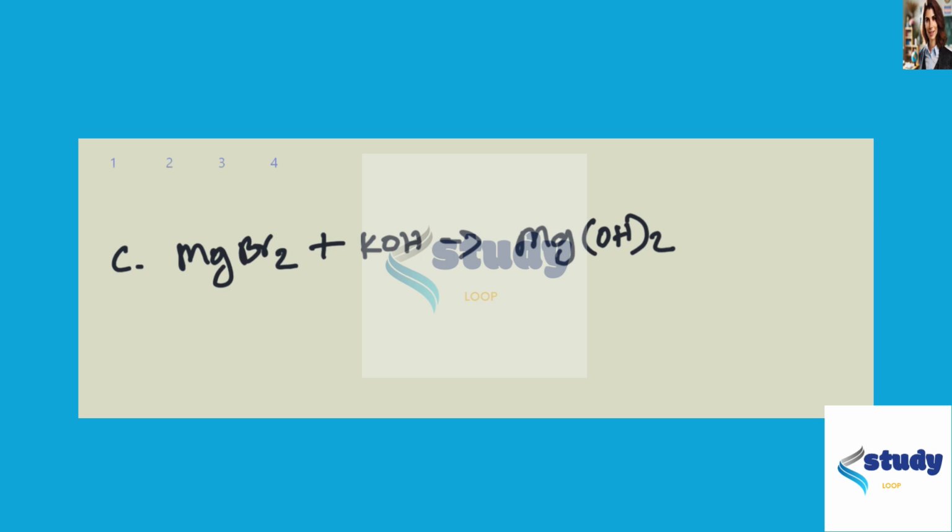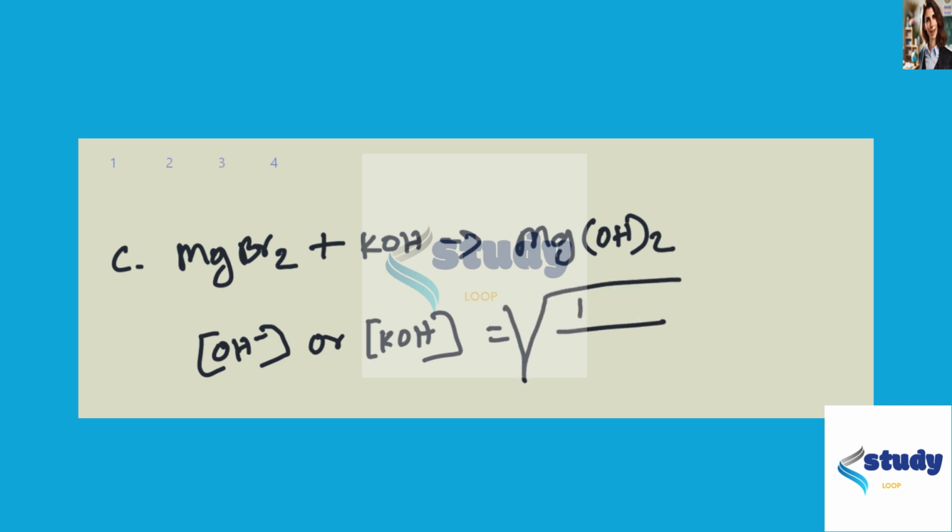The required concentration of OH minus, or KOH, will be equal to the square root over the KSP value and the Mg2 plus concentration. Here the KSP value for this compound is 2.06 times 10 to the power minus 13.